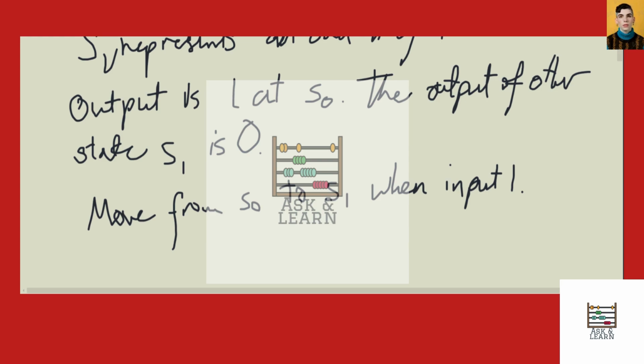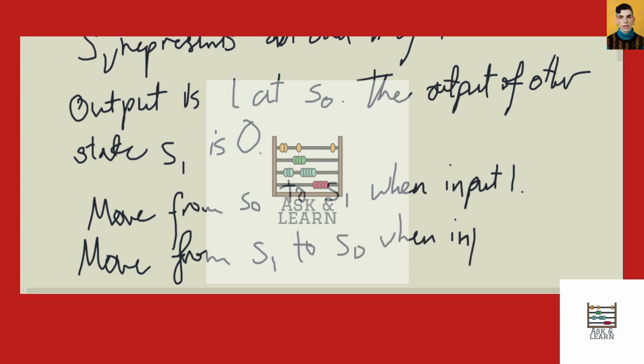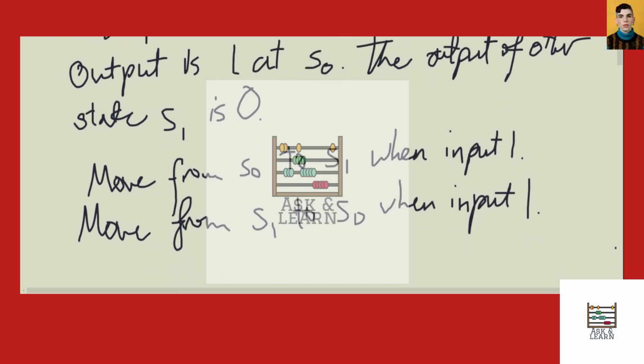Likewise, we move from state S1 to S0 when the input is a 1, because the odd number of ones becomes even.